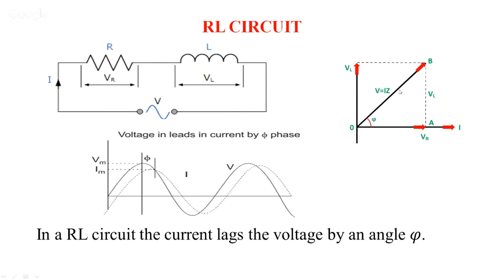OB is the resultant, where V is equal to IZ. So in case of inductive circuits, the current lags the voltage by an angle phi.